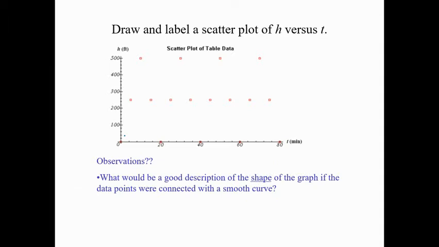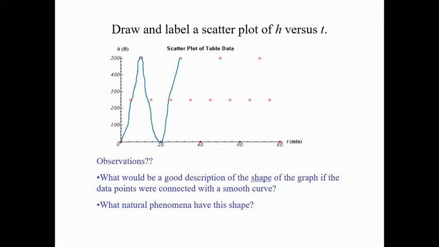What would be a good description of the shape of the graph if the data points were connected with a smooth curve? Can you see any way that this would work? And what natural phenomena have this shape? So yes, you are correct, even though I'm going to have a hard time drawing it. This would be a sine or cosine wave.